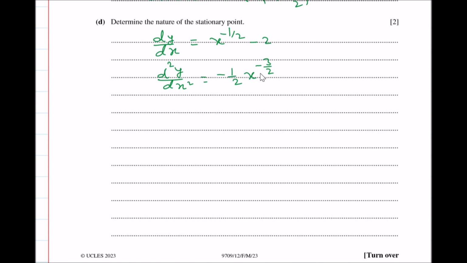For any value of x, d2y by dx2 is always going to be less than 0. So what does it mean? It's a maximum point. Hence, maximum.